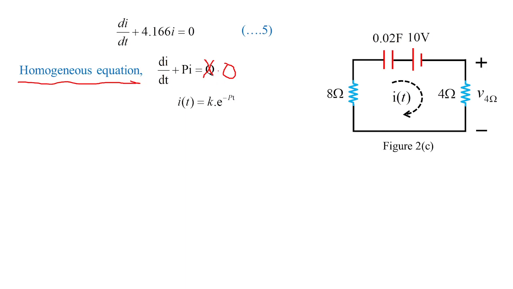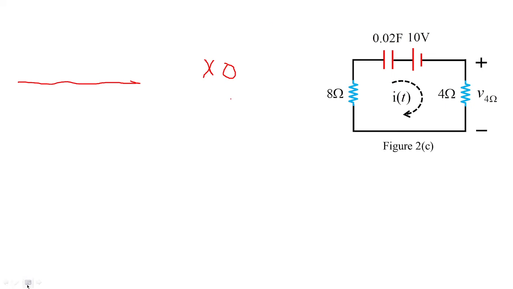If q is present, meaning if a constant is present, it becomes non-homogeneous. And when we don't have any q, then it becomes a homogeneous equation. So for that we have the solution as I of t is equal to k multiplied with e to the power of minus pt. Is this clear?